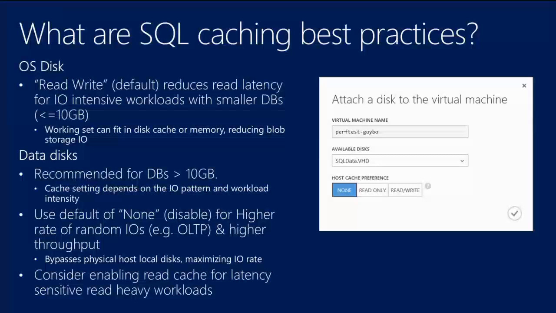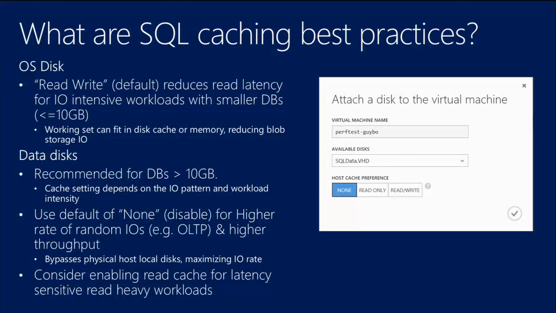It goes past the physical hosts and disks. Of course, then you're paying more for your transactions, but the transaction as a total cost isn't that high. And then if you've got read-heavy workloads that are sensitive to latency, then it's worth enabling the read cache on the data drive. So that's the basic best practices. We go into that in a little bit more detail in the performance white paper if you want to get more into that. But at a high level, it's that straightforward.